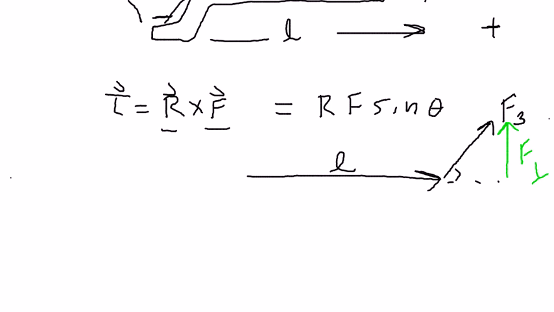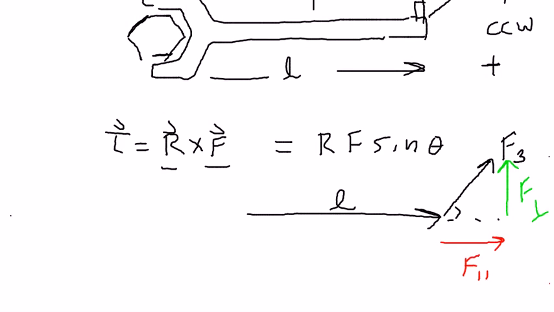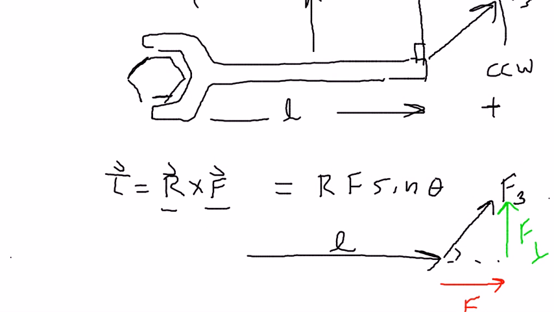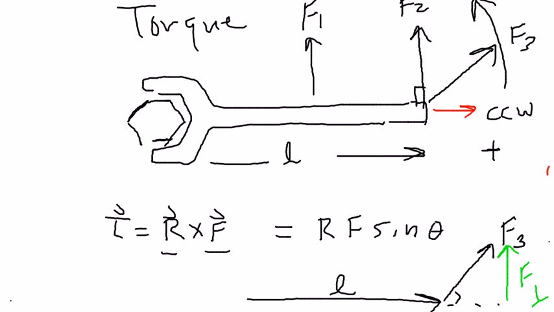The component that is parallel to the wrench has no effect on torque and provides no turning force. That would make sense. If I'm looking back at my wrench, if I pull on the wrench like this, it doesn't help turn it. What I want to do is apply as much force as I can in that direction.